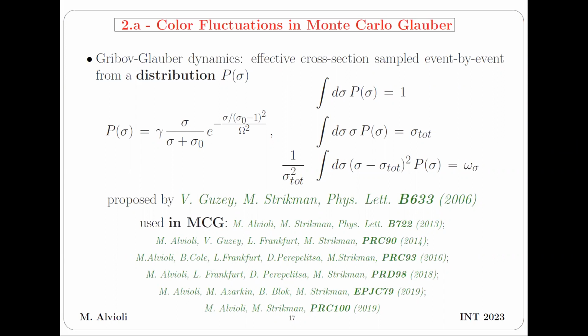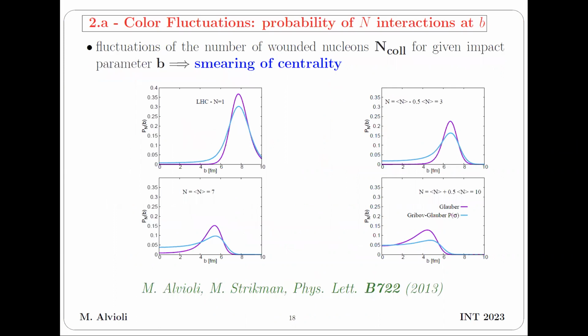This was proposed a few years ago by Guzey and Strikman in this paper, and we used this color fluctuation description in Monte Carlo Glauber in a number of papers, trying to describe different phenomena and obtaining different results.